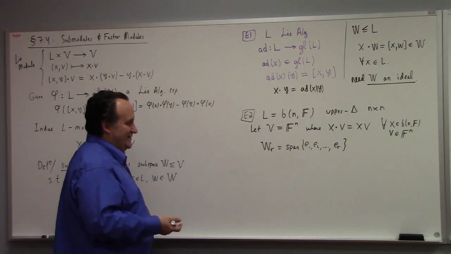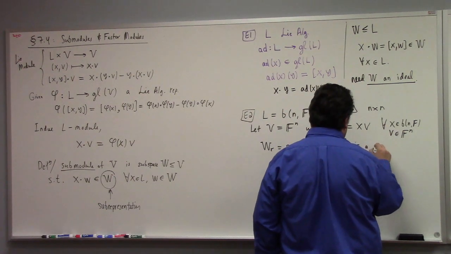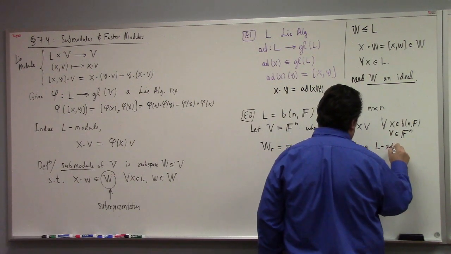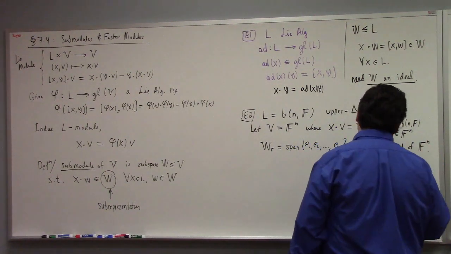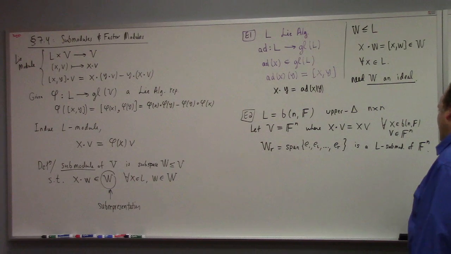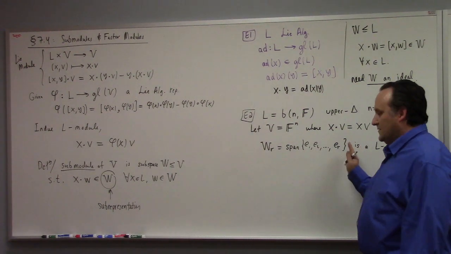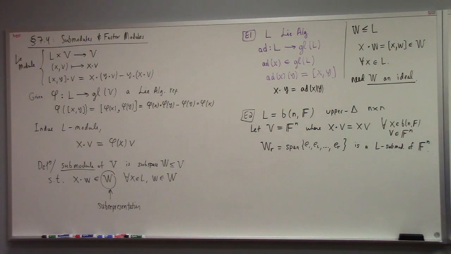Then you can show that this is an L submodule of F^n. So basically, take the span of the first so many standard basis vectors. And then, of course, if you think about multiplying a triangular matrix on things like this, you're going to get things like this again because you're dealing with an upper triangular matrix. It's pretty apparent that that works.